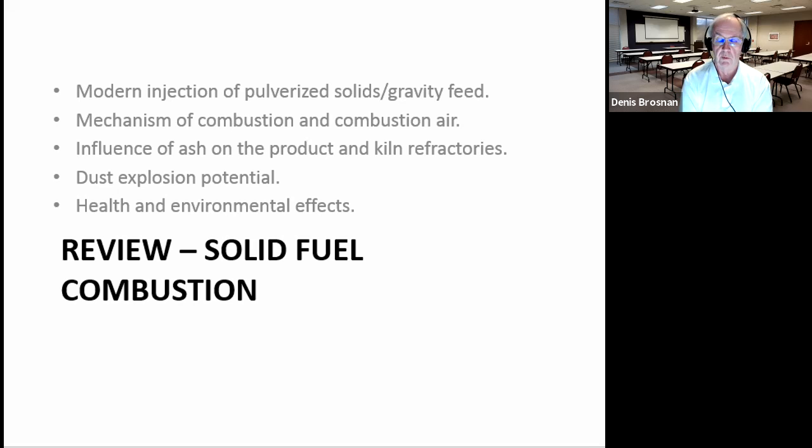We don't typically inject air and solid fuel together. Part of the reason for that is there's always a dust explosion hazard when we start mixing air or oxygen and solid fuels. So we've learned to be very careful and apprehensive about dust explosion potentials when we have combustible particulates that are in our system.